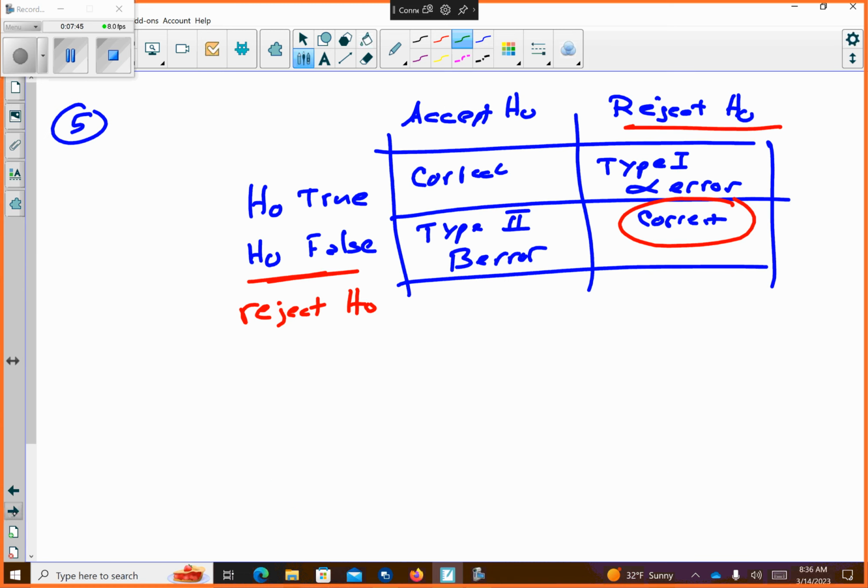Just say reject the null, false. Oh, we have a type 2 error. I'm sorry. So the type 2 error is basically, and I'll just read what we had said: type 2 error, when we fail to reject the null, that is really false. Okay?